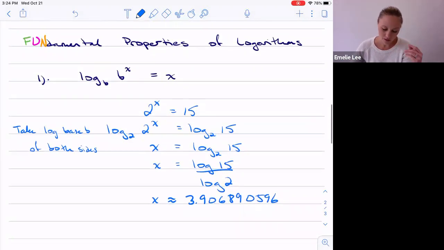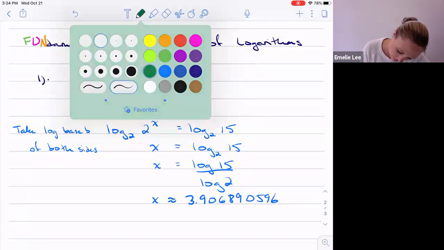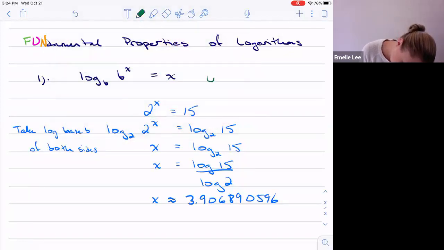Okay, so we use this property to be able to bring down an x if we're solving for x. Use this property to solve for x in the exponent.